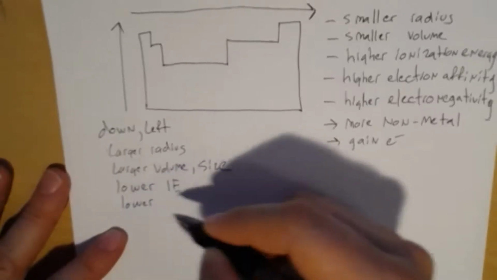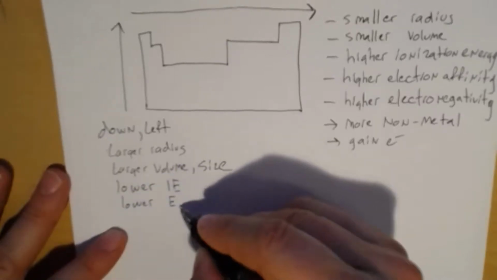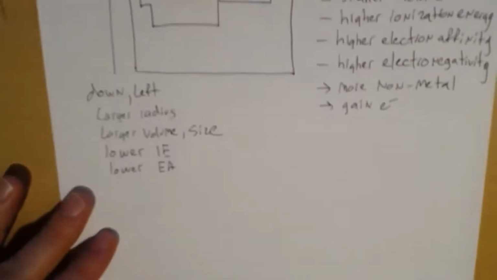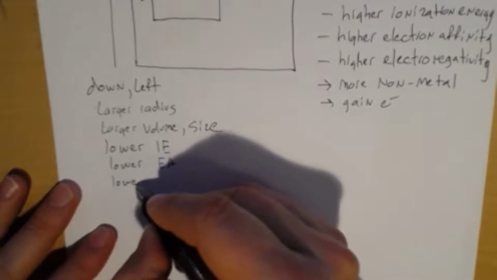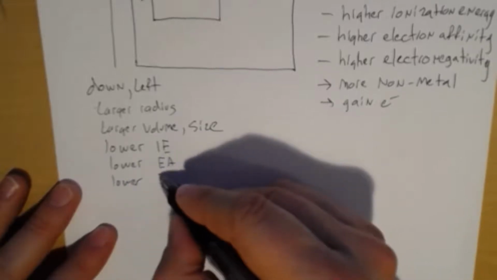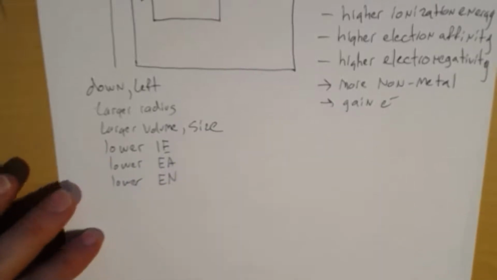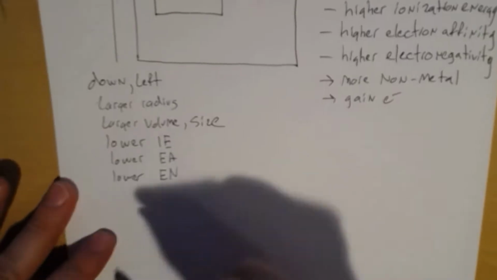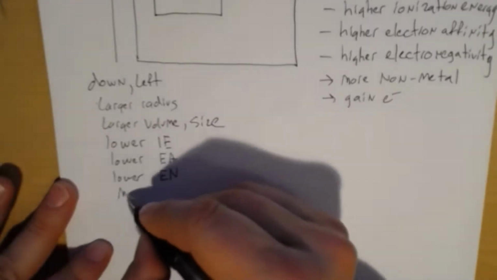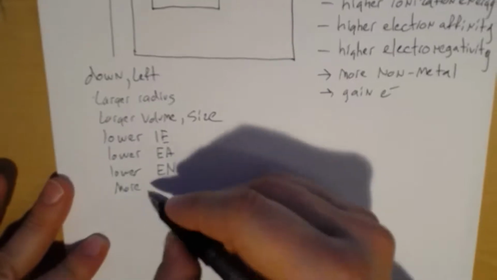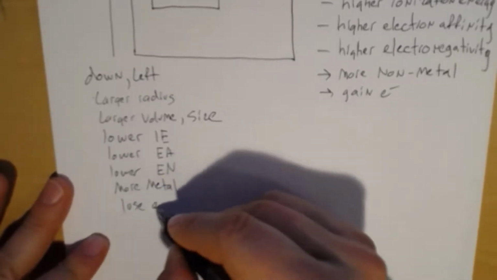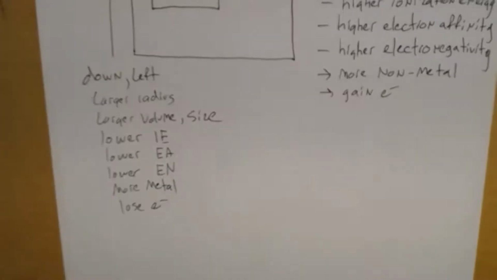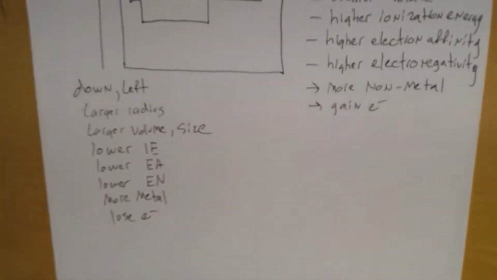Lower electron affinity is abbreviated EA. A lower electronegativity, EN. And you tend to be more like a metal. You tend to lose electrons. Okay? So that's the whole idea.